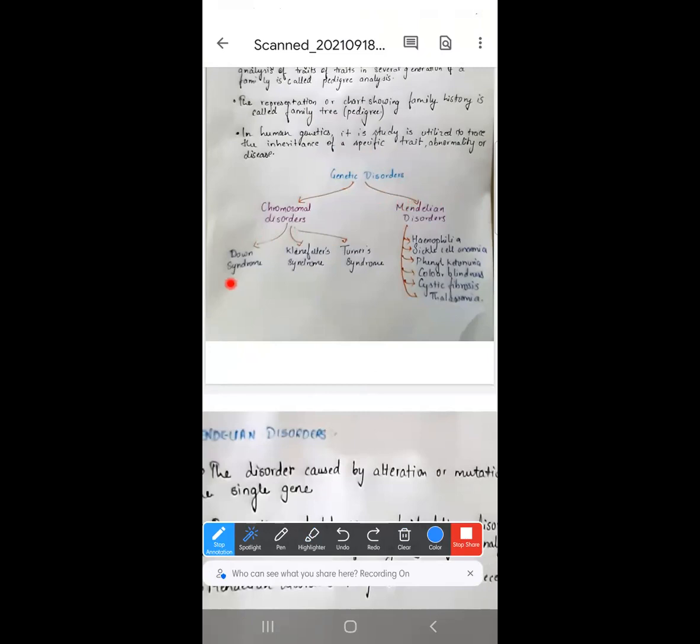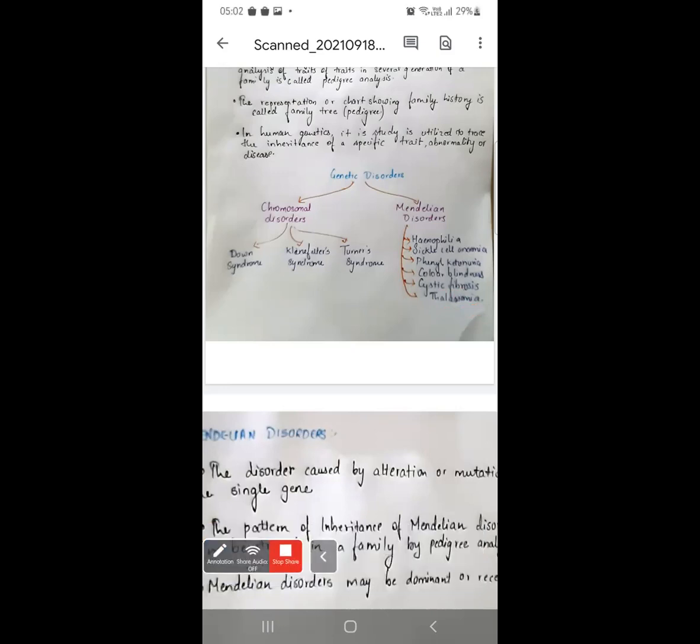Now, chromosomal disorders are Down syndrome, Klinefelter syndrome, and Turner syndrome. Mendelian disorders are hemophilia, sickle cell anemia, phenylketonuria, color blindness, cystic fibrosis, and thalassemia. We'll discuss some of them further.